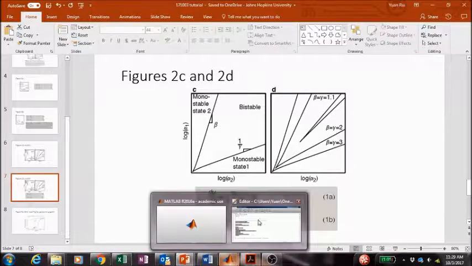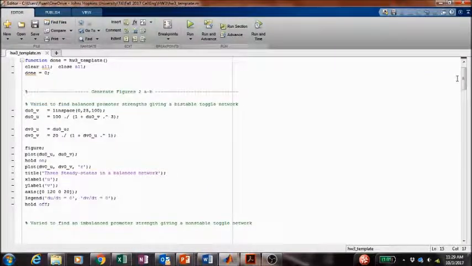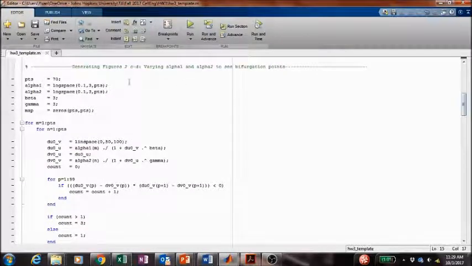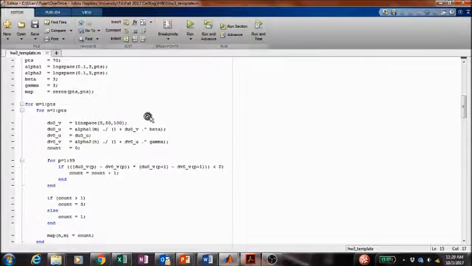So let's step back into the code and see what's going on here. Looking right here, generating figures 2c and d. Still, we're not solving for anything, remember, because we're just delving into the intricacies of the system. This should be pretty familiar from the MAP kinase homework last time, where you had a number of points that you're running things through, and then setting up an array of zeros, for example.